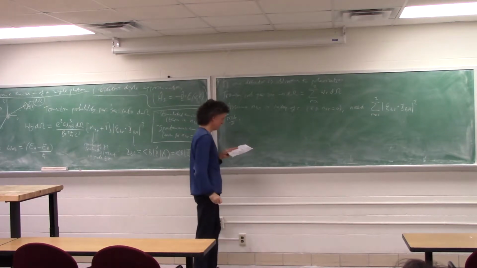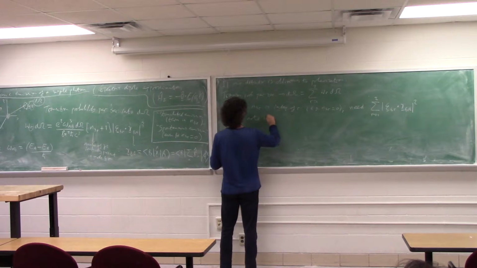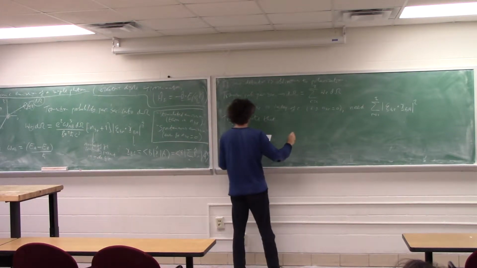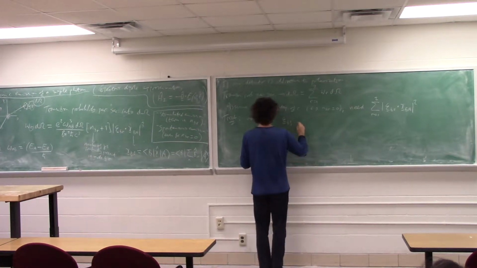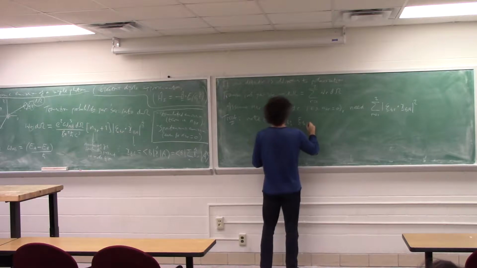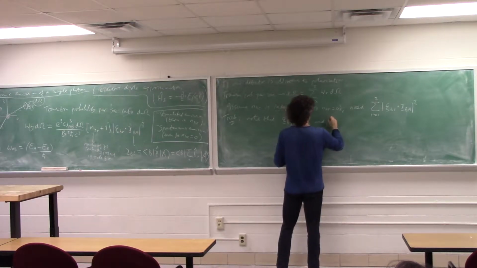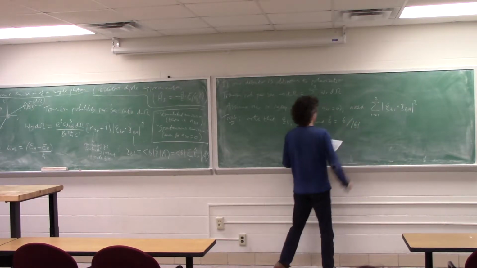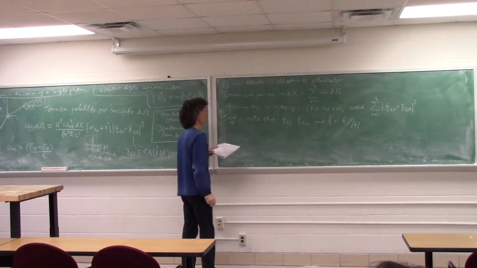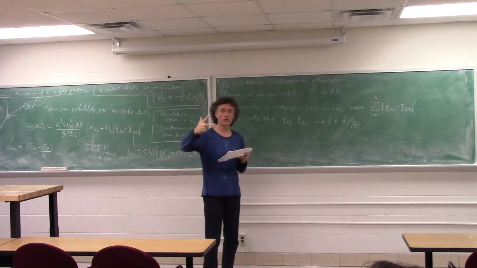What you do is you note that epsilon_k1, epsilon_k2, and here we have the unit wave vector, the wave vector divided by its magnitude, these three vectors, for any given k, form an orthonormal basis.